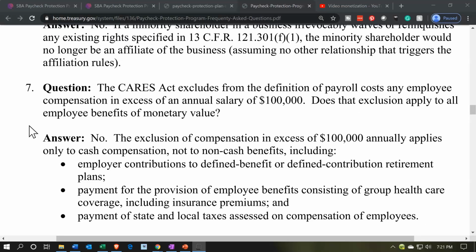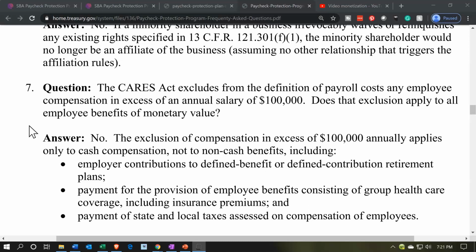Question: the CARES Act excludes from the definition of payroll costs any employee compensation in excess of an annual salary of $100,000. Does that exclusion apply to all employee benefits of monetary value?